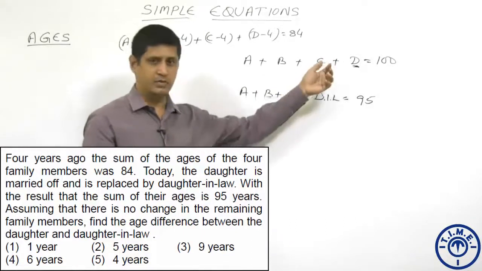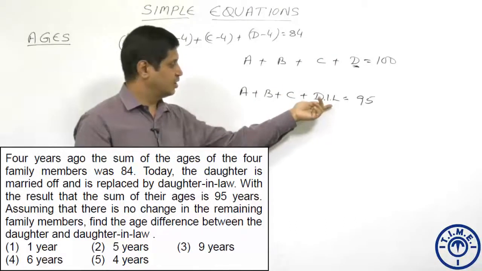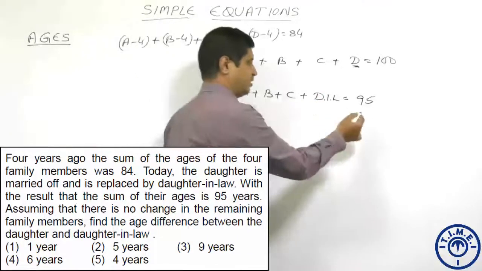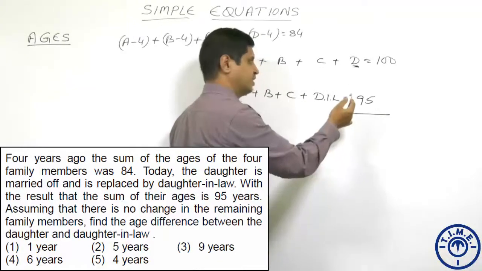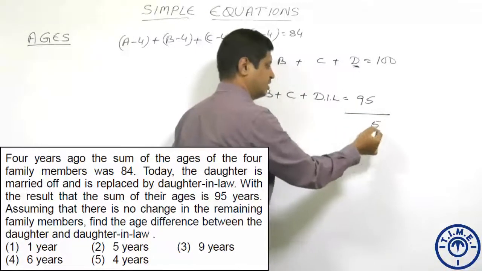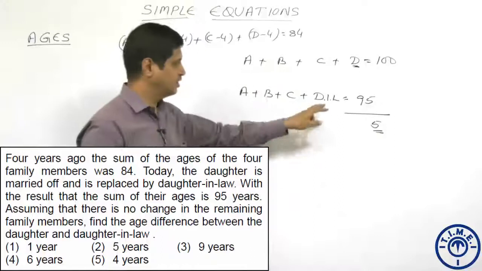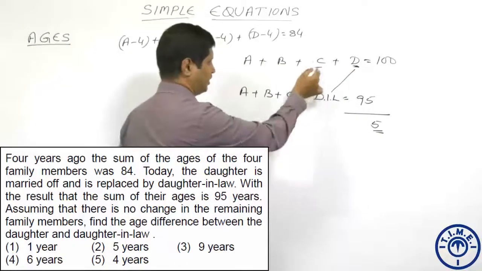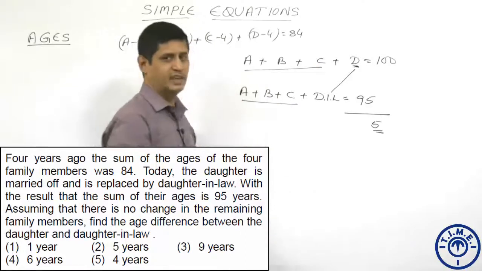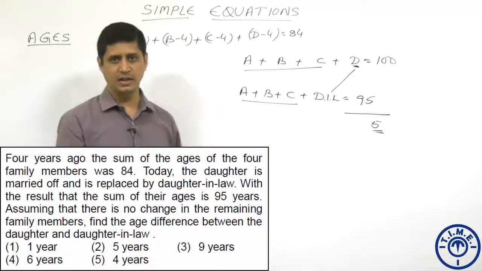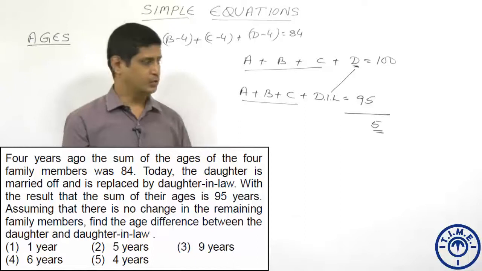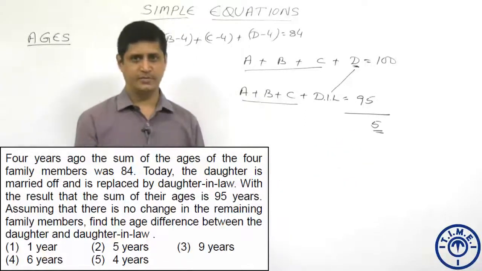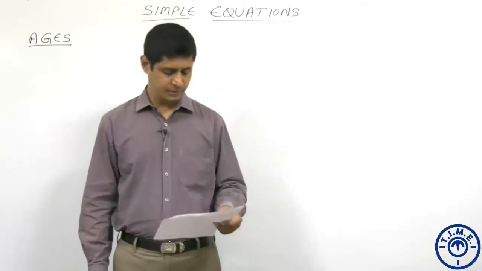Now, when the daughter is married and replaced with the daughter-in-law, what is the age? It is 95. So the difference in the values is 5 years. This 5 years is nothing but the difference in the age of the daughter and the daughter-in-law. The other 3 people in the family are constant. There is no change in the members of the family. So what is the right choice? Option second. Now, look at the next question.